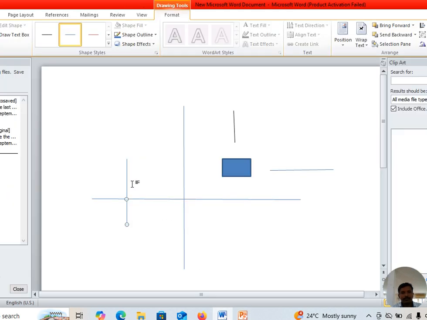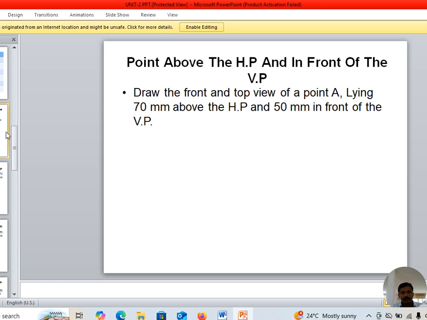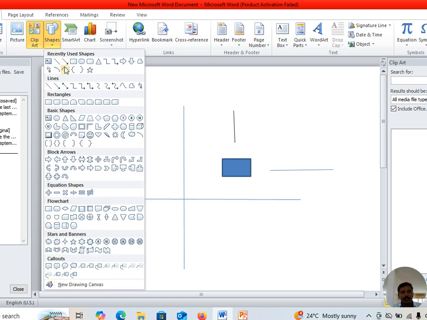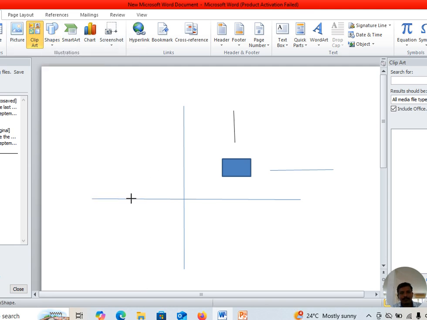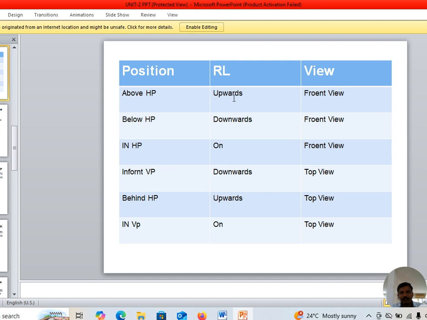A point lying 70 mm above the HP means drawing a line 70 mm above the HP, and 50 mm in front of the VP means drawing a line from the reference line in the downward direction.